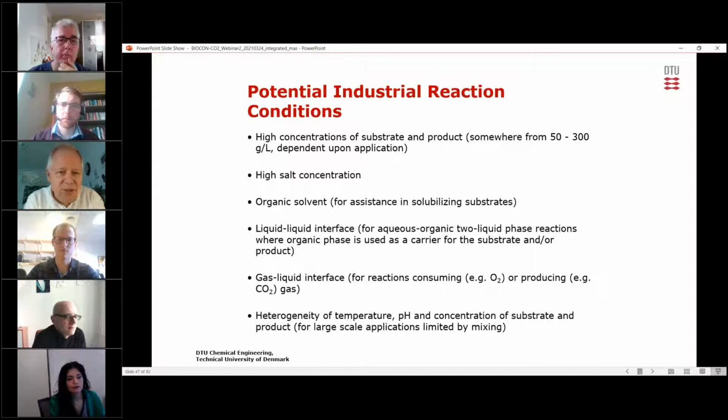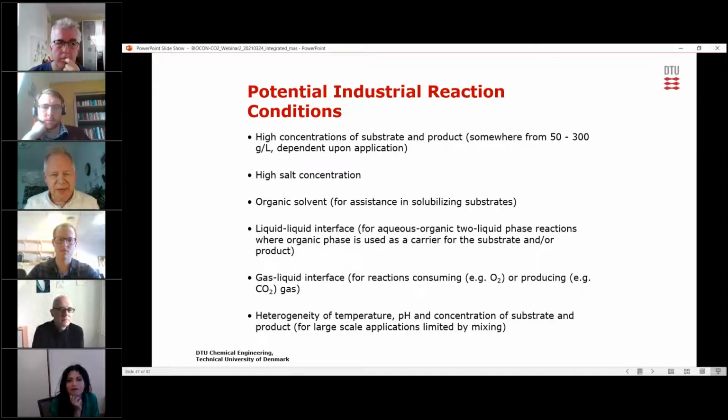I've started to list here what I think are some of the potential industrial reaction conditions. So just as Marco perhaps put a little bit more emphasis on what happens to an enzyme inside a cell, I'm putting a little bit more emphasis on what happens when we're inside the scaled reactor. So first of all, we have high concentrations of substrates and product.